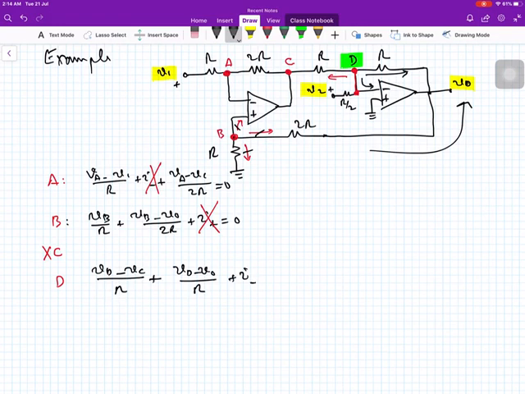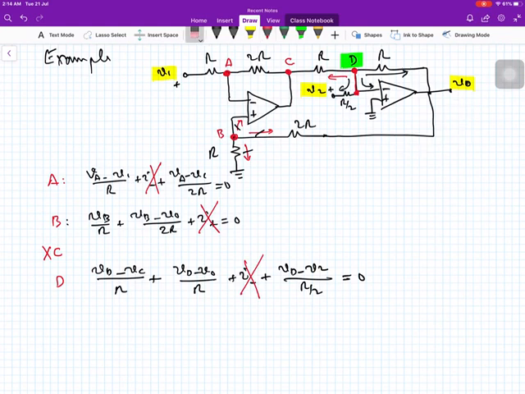This current is entering the inverting input of the operational amplifier, and we will ignore it. And what is this current? This current is VD minus V2 divided by R by 2. This is equal to 0. We will ignore this current.